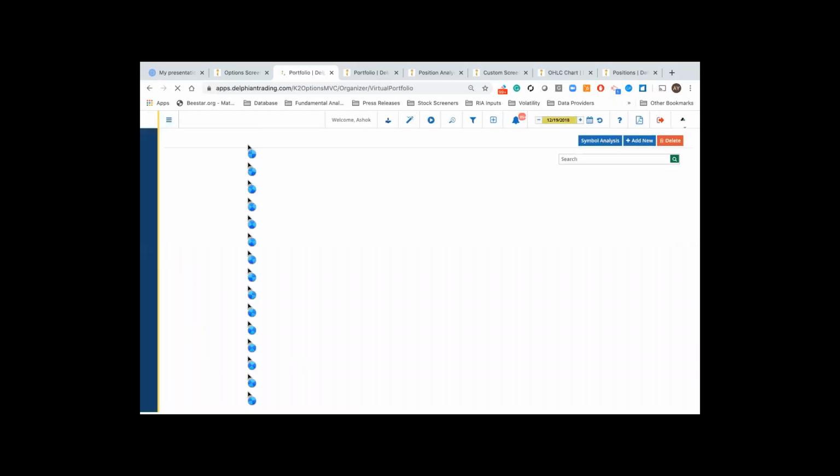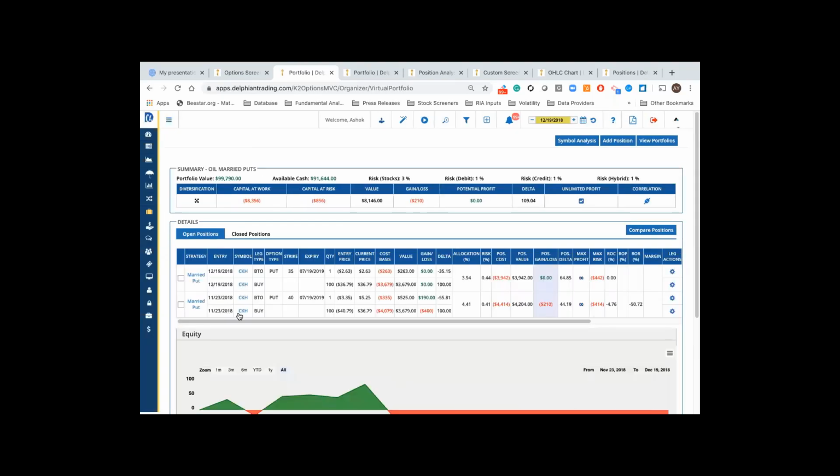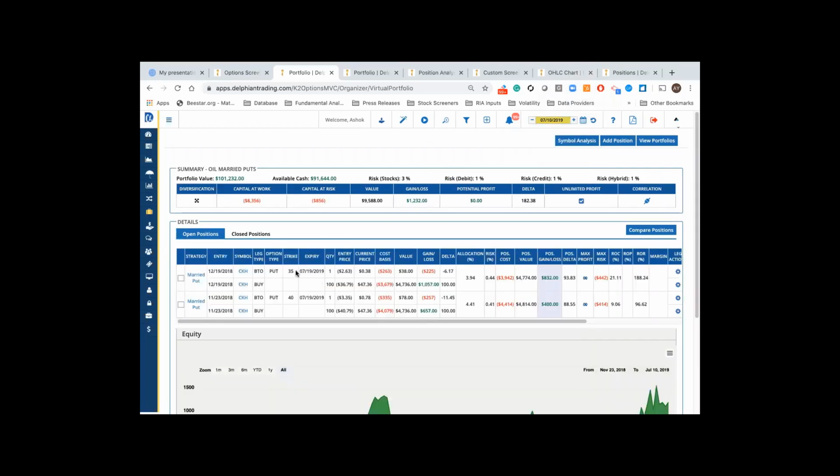Position portfolio. And it shows the portfolio with that one. Then we can move forward to July 10th, 2019. Okay, so this is what we bought after waiting, right? Yes.